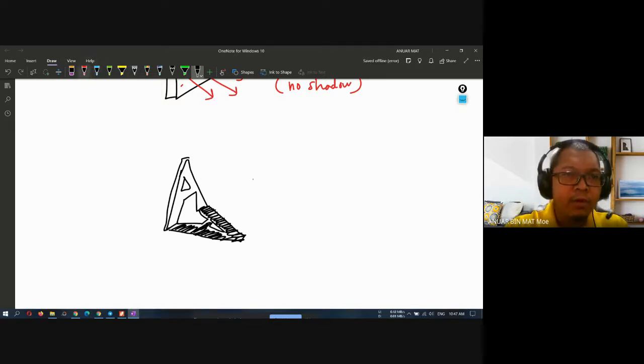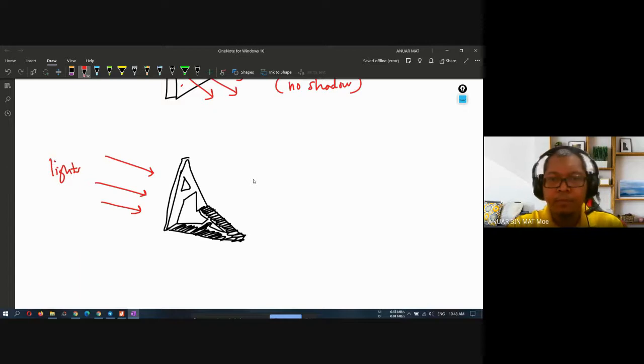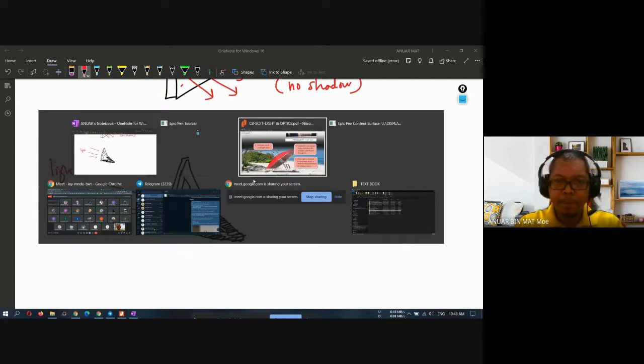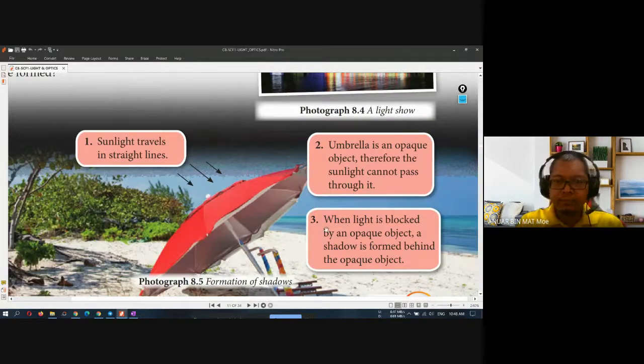This is what we call the formation of shadow. Okay, class, can you understand this? Right. Next one.